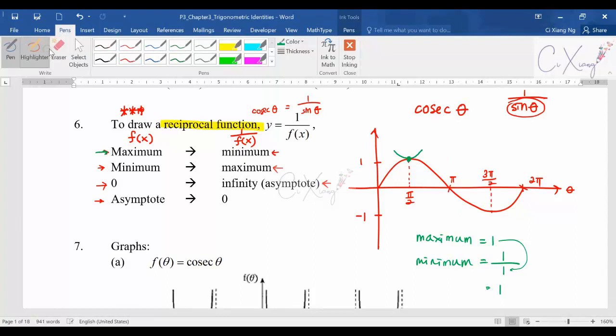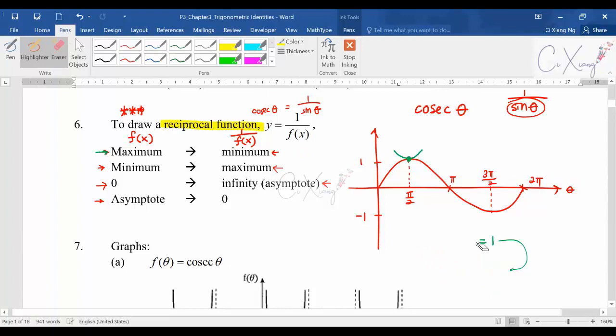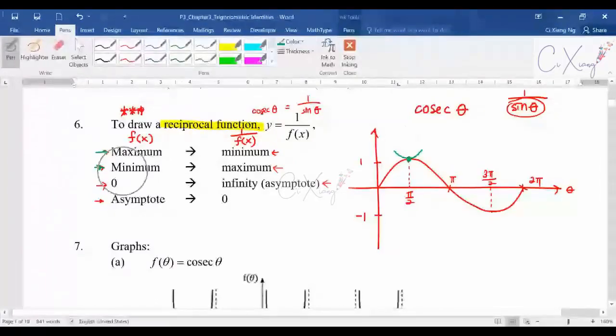Is there another maximum point in the original graph? No more, right? Then let's proceed to the next rule. The minimum point in the original graph will be converted into a maximum point in the reciprocal function. I need to find where the minimum point is first. Here.